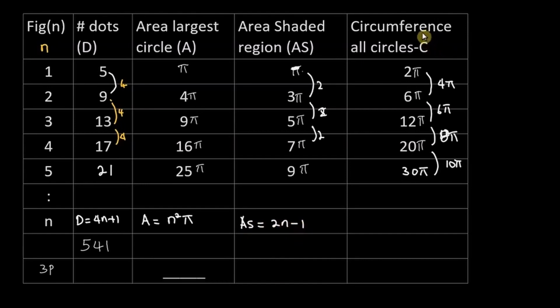So let us look for a relationship between the circumference C and the figure number n. So this is very important, so pay attention here. Whereas for the patterns for D, the difference between n and n plus 1 was 4, that was uniform throughout.